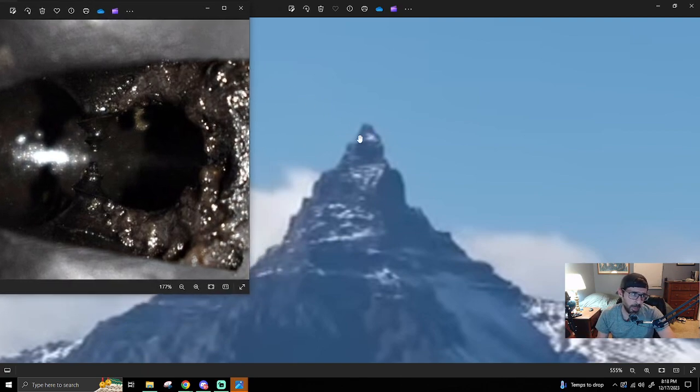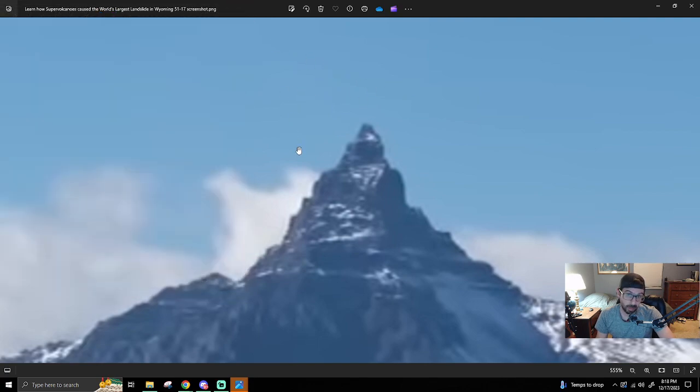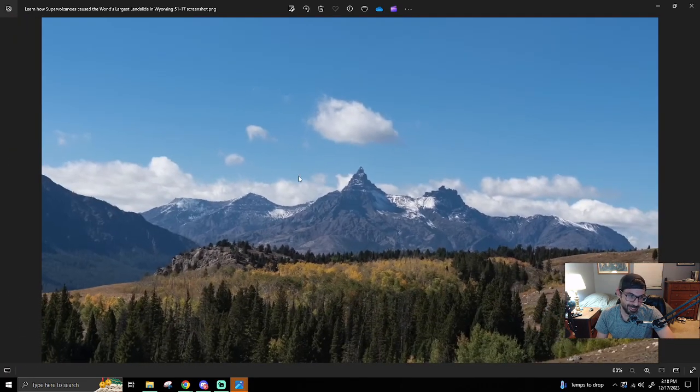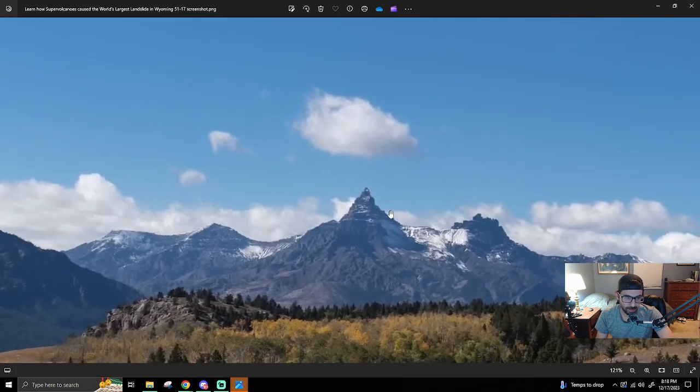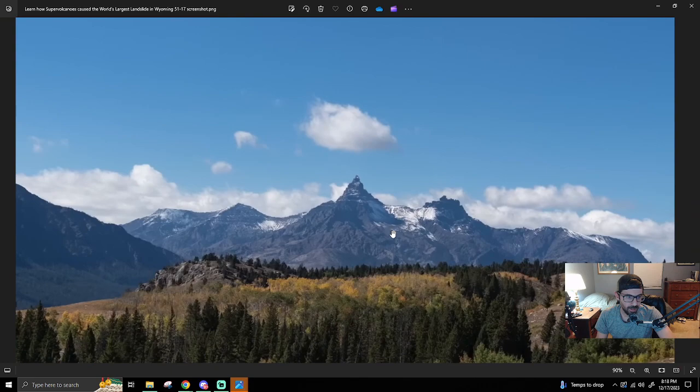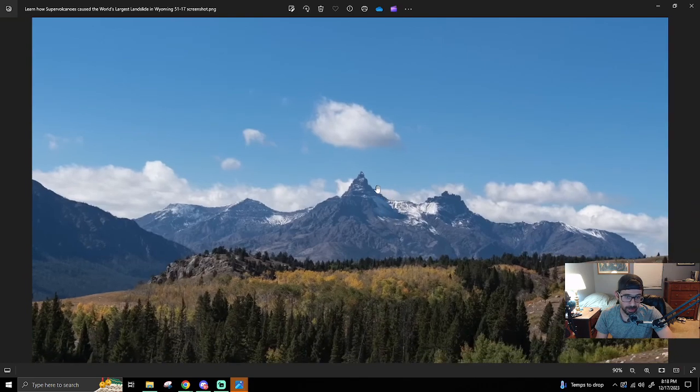I think you get the point. It looks like a chakra. It looks like a chakra. Because it is one, essentially. There's features around it even. Like the whole mountain is a chakra.